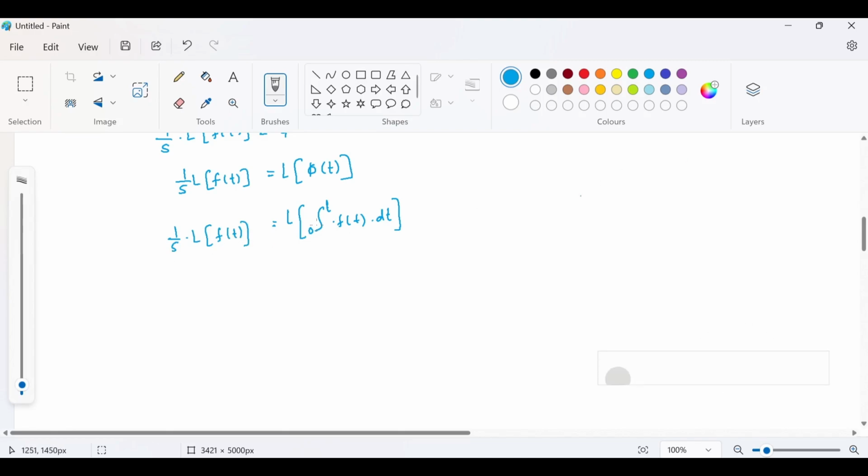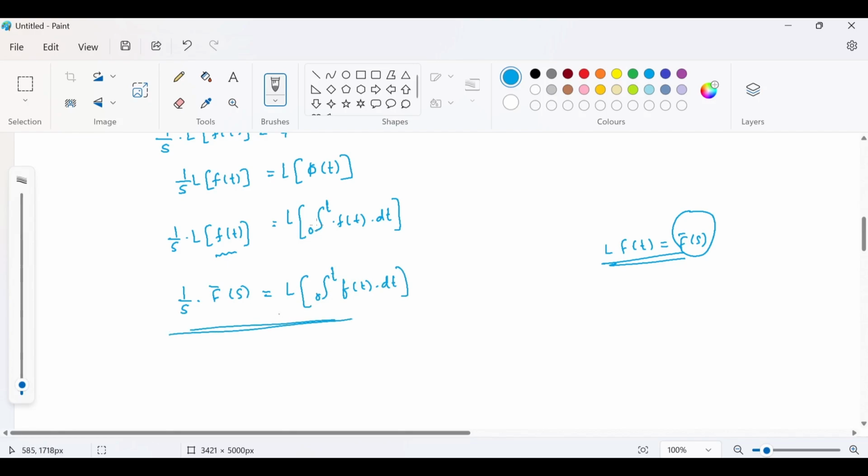Now Laplace of f of t is equal to f bar of s. This is given to us. So in the place of Laplace of f of t, I am going to mention f bar of s, right? So 1 upon s into f bar of s is equal to Laplace of 0 to t f of t into dt. So I am just rearranging this equation.